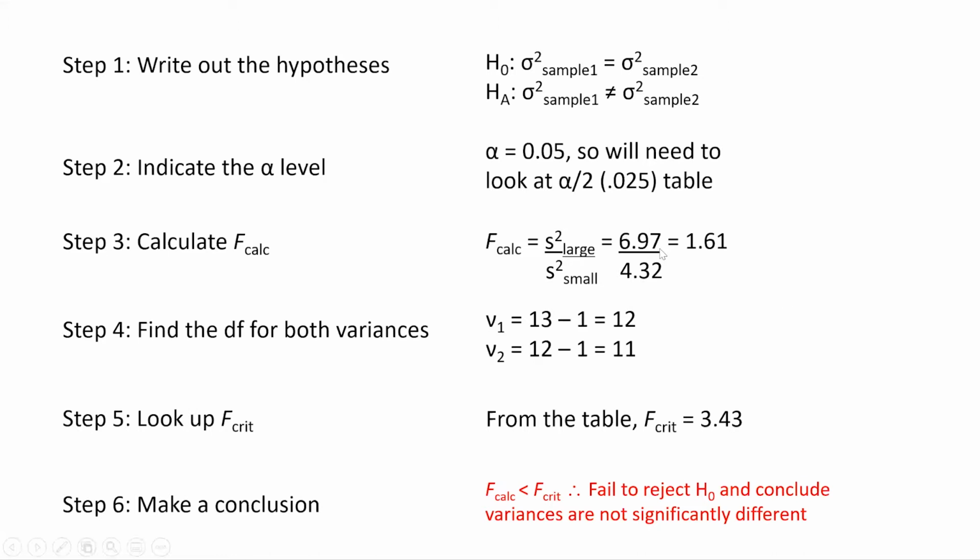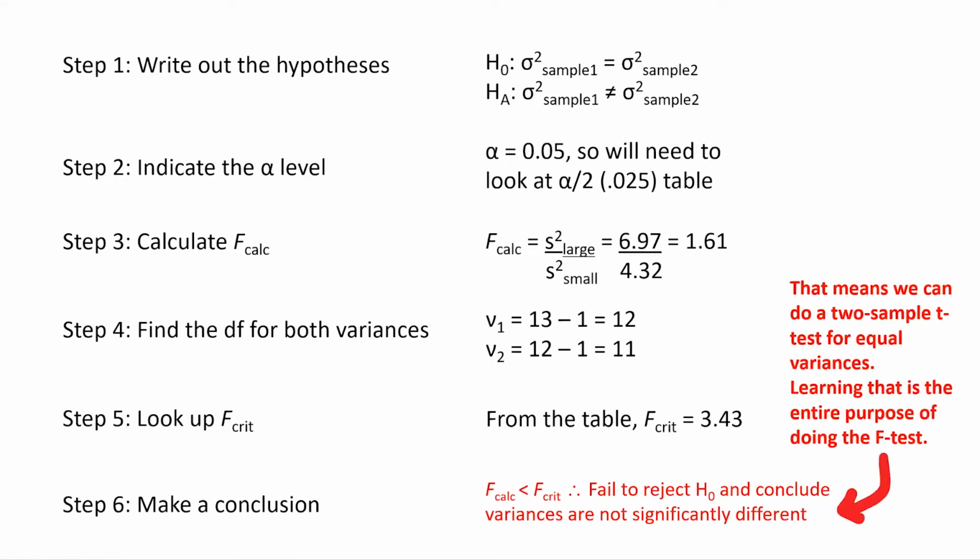Even though one is bigger than the other, we've determined they're not significantly different. That means that we can do a 2-sample t-test for equal variances. And that conclusion is the entire purpose of doing the F-test. We just want to know what 2-sample t-test we can use.